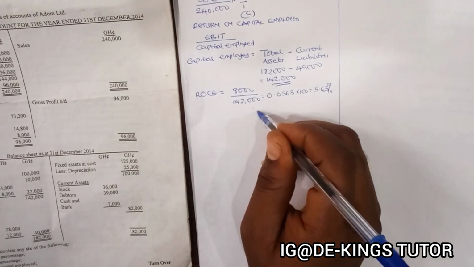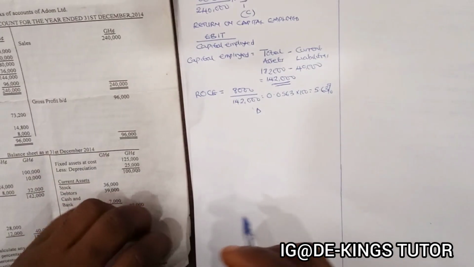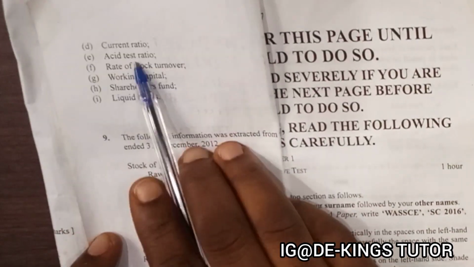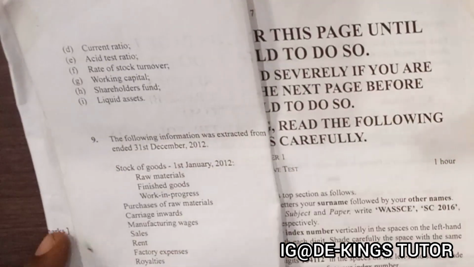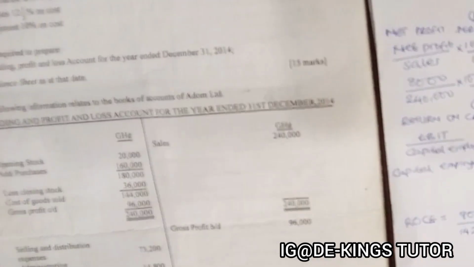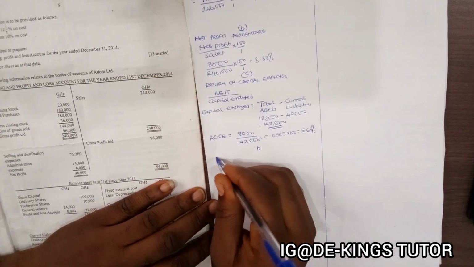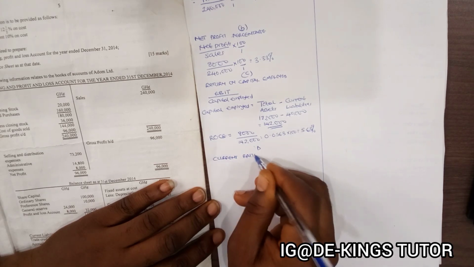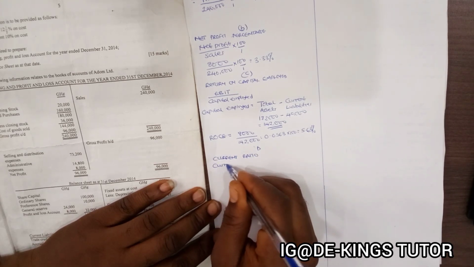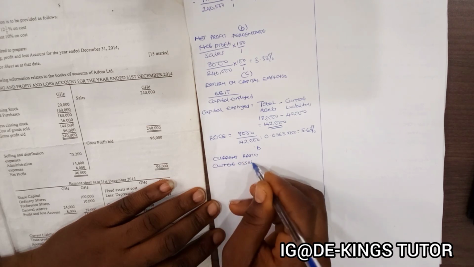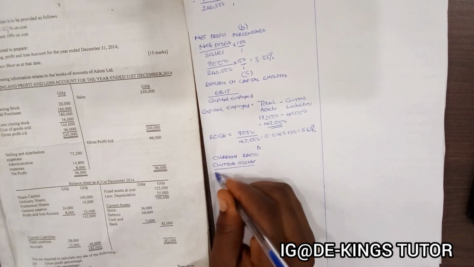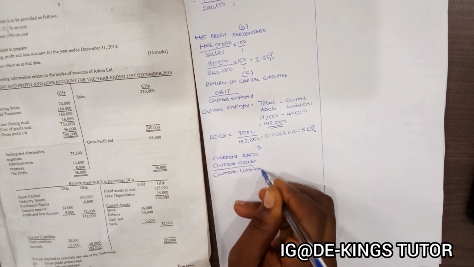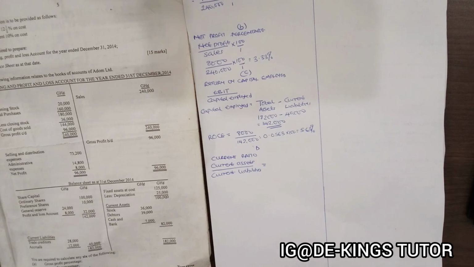Now the next one, which is D, is the current ratio. Our current ratio is current assets divided by current liabilities.